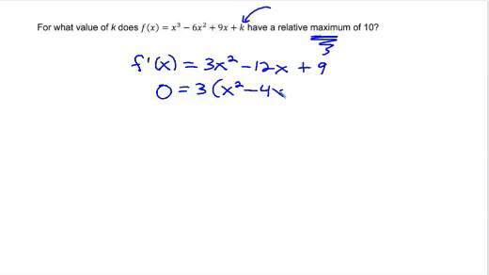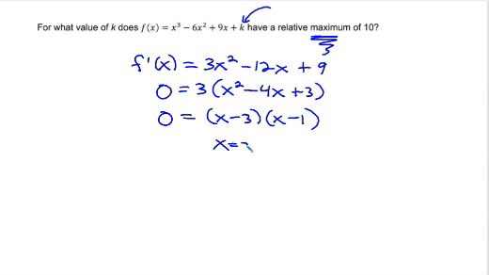X squared minus 4x plus 3. The 3 goes away, and we have x minus 3, x minus 1 as extreme values. So 3 and 1 are locations of extrema, all right? But we're asking, when is the relative maximum 10?